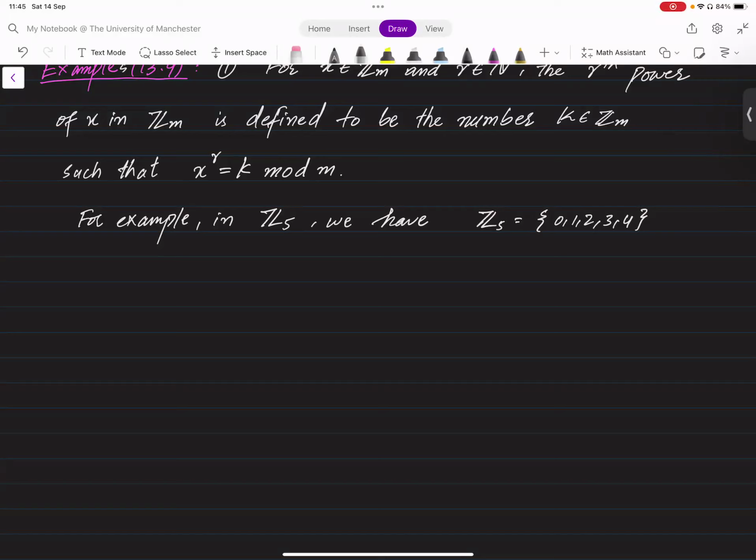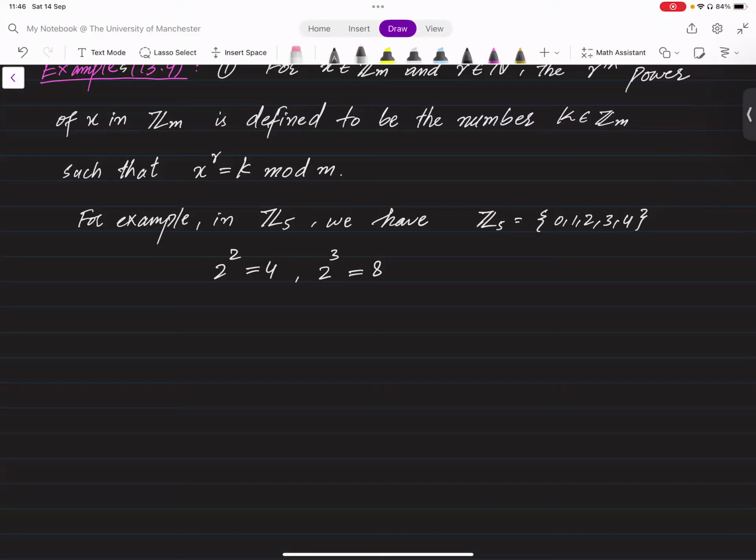Okay. So now let's try the powers, with these elements in Z5. You can say that 2 power 2 is 4, which is in Z5, but 2 power 3 is 8. And if you want to see 8 in Z5, just divide it by 5, you will get the remainder 3.